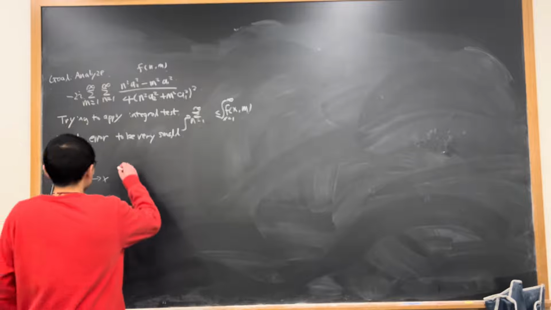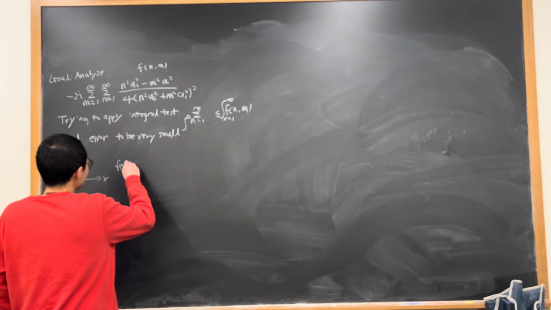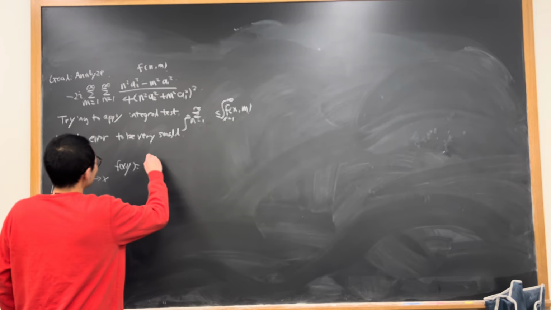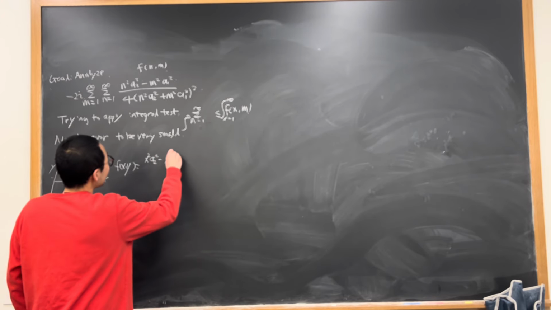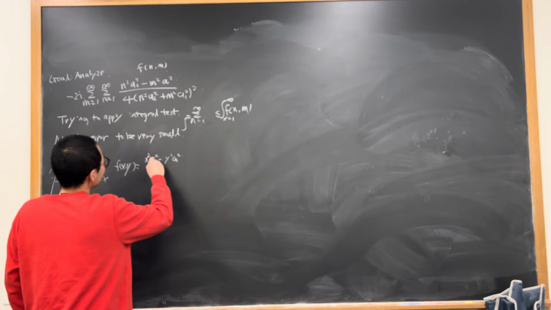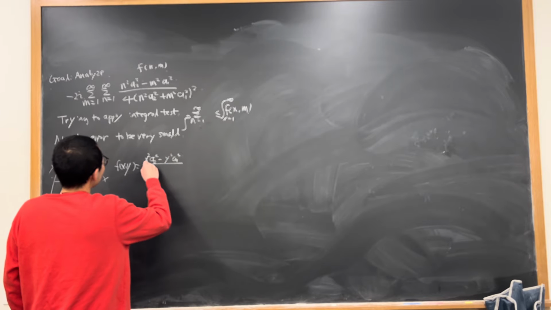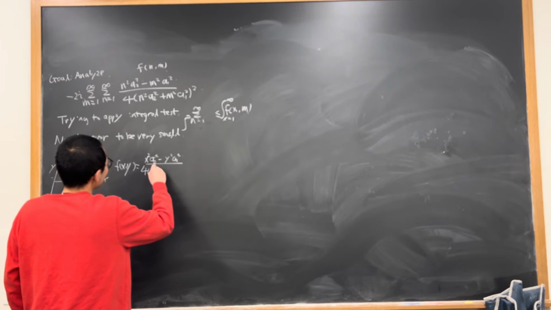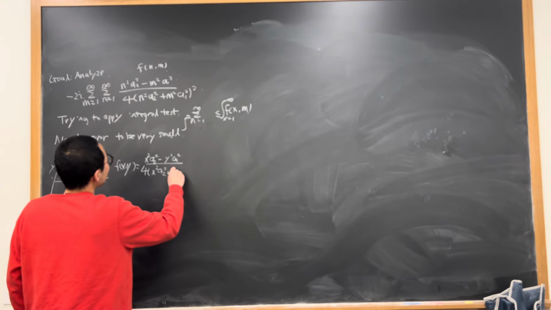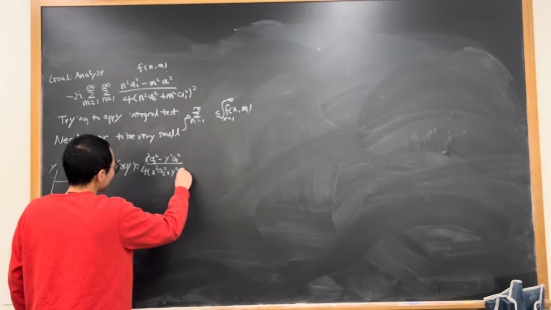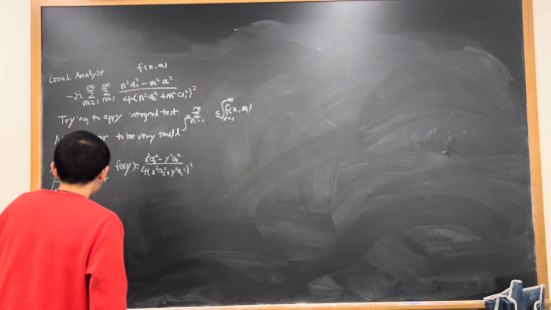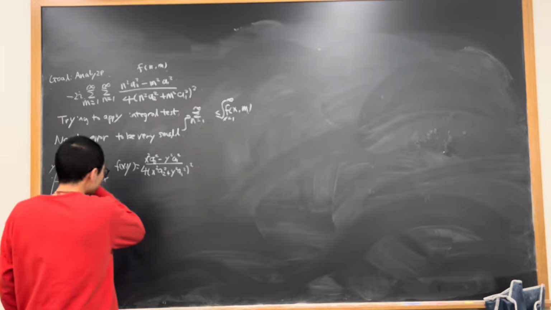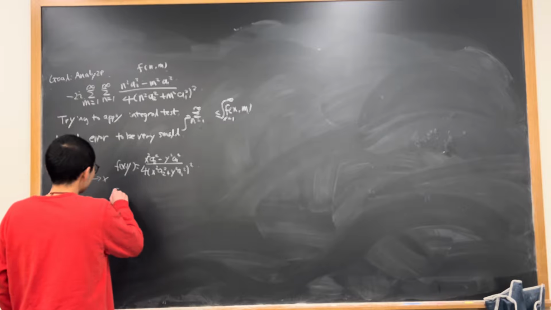Okay. So f of x, y is equal to x squared a2 squared minus y squared a1 squared, over 4x squared a2 squared plus y squared a1 squared. Let's take a second derivative with respect to y.